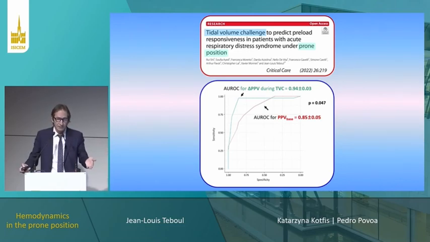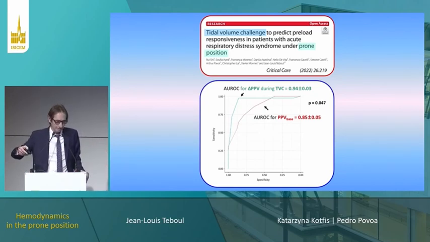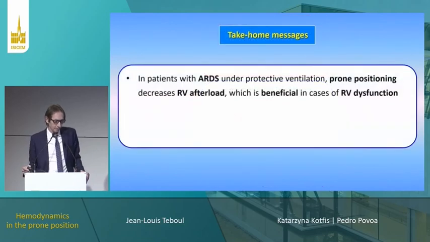ARDS patients with COVID-19, not all patients had COVID-19. We included patients with COVID-19, patients with no COVID-19. Nevertheless, PPV in this study was good during prone position. The area under the ROC curve was 0.85, but it was better to have a tidal volume challenge to improve the results. So I encourage you to do this during prone position.